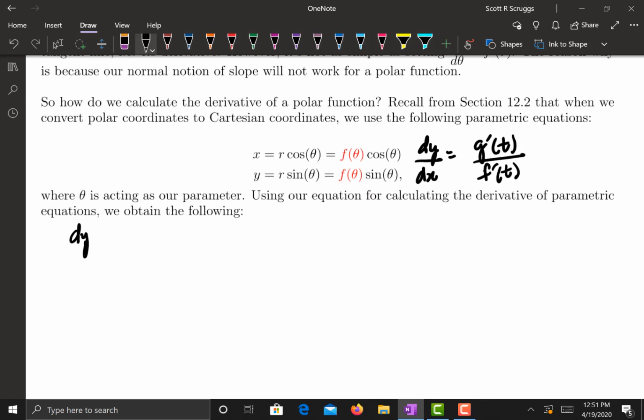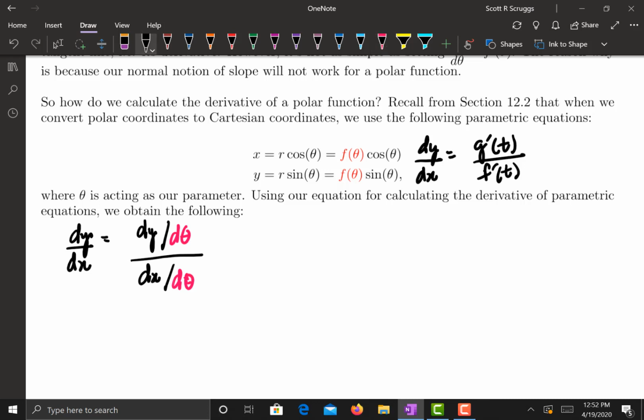So our dy dx, I'm going to express the g prime of t and the f prime of t in terms of our parametric equation here. The only difference is that this time our parameter is the angle theta, because that is the variable that our x and y are with respect to.